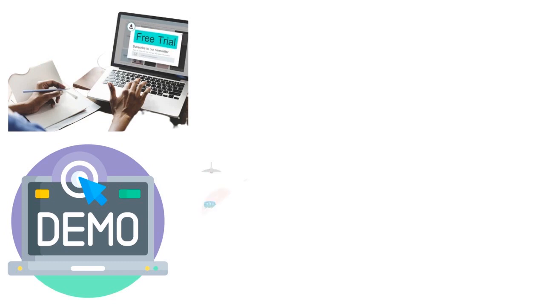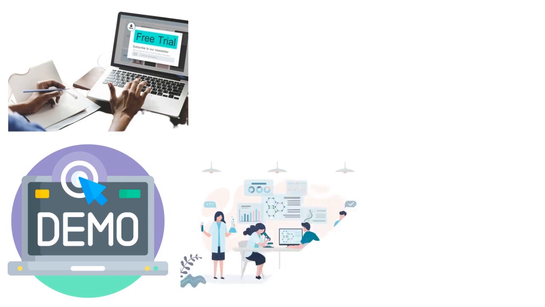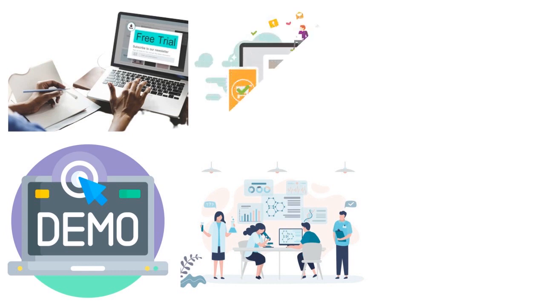Now, one thing I need to mention is that when we talk about doing a demo, for instance, you have to really understand that our preference after years of research is that the free trial in a live environment is way better than a demo environment, because the demo environment is totally different from a live environment. So if you have the possibility to go for a free trial, it's better to go for the free trial.